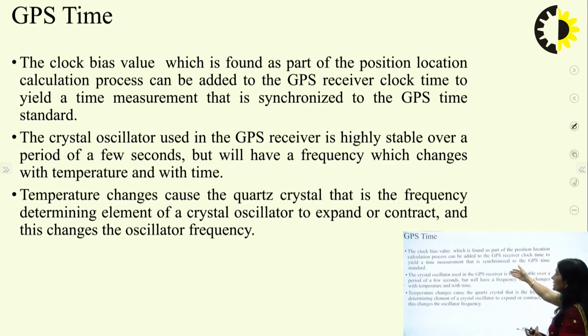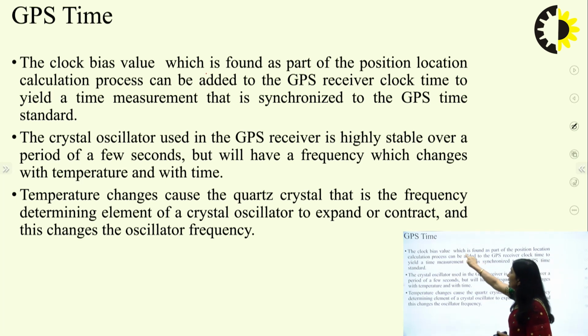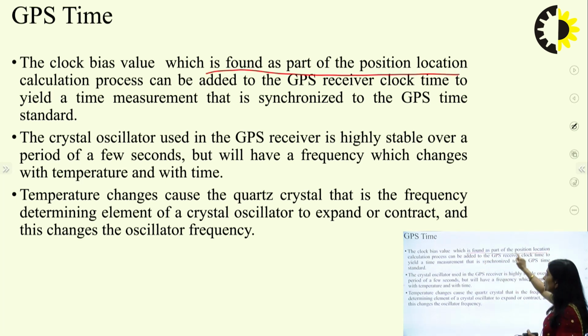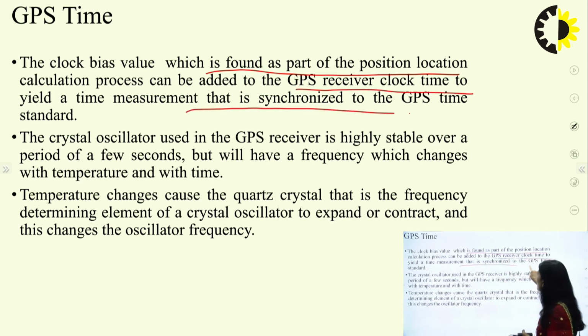Okay, so GPS time is the clock bias value, which is found as part of the position location calculation process. It can be added to the GPS receiver clock time to yield a time measurement that is synchronized to the GPS timing standard. So the clock bias value, which is tau, will be added to the receiver clock. Like in my phone, I have a GPS receiver.